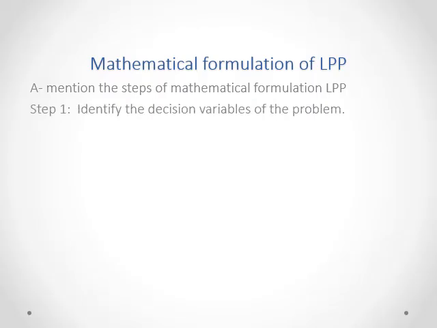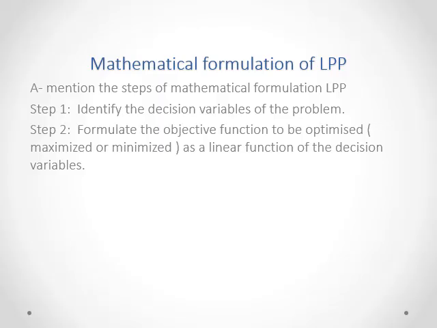Identify the decision variables of the problem. Step 2. Formulate the objective function to be maximized or minimized as a linear function of decision variables.